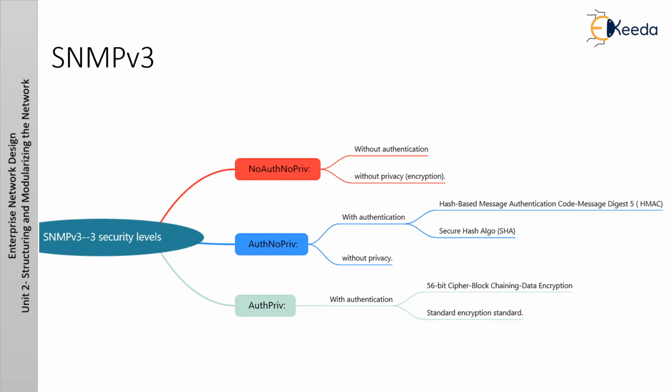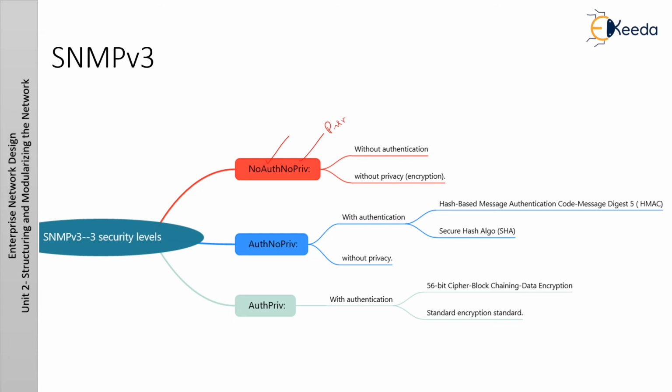To overcome the shortcomings of SNMP version 2, SNMP v3 came, and there are three different security levels provided by SNMP v3: noAuthNoPriv, authNoPriv, and authPriv. What is the meaning of that? noAuth means no authentication and noPriv means no privacy.